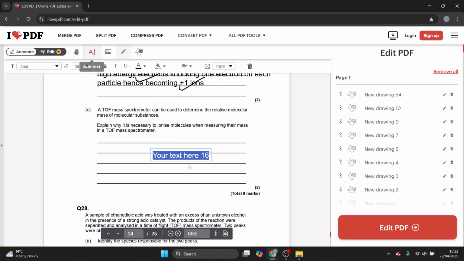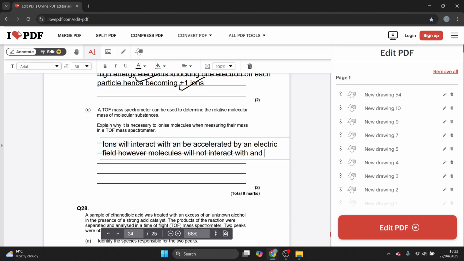It was necessary to analyze the molecule by measuring the mass on a time-of-flight mass spectrometer. Ions will interact with and be accelerated by an electric field. However, molecules will not interact with and be accelerated by an electric field.